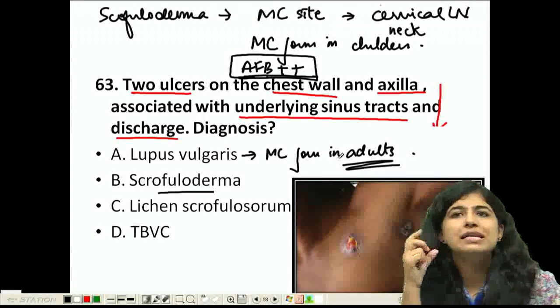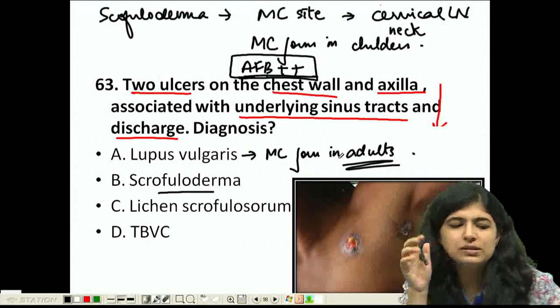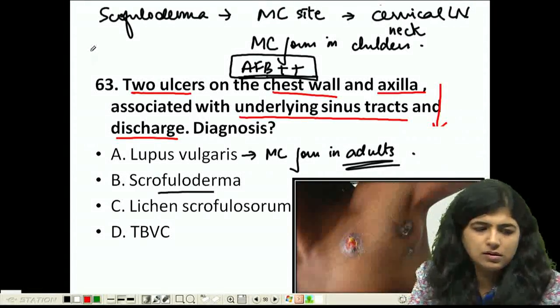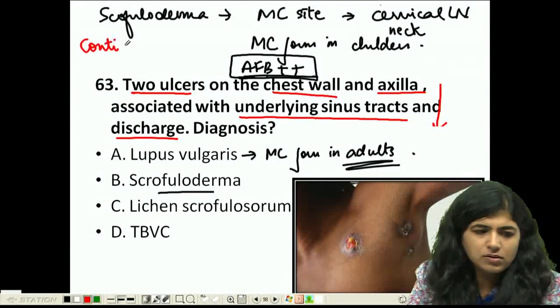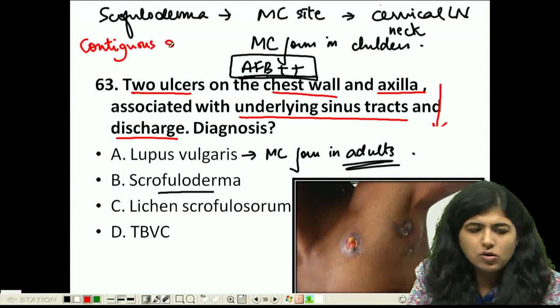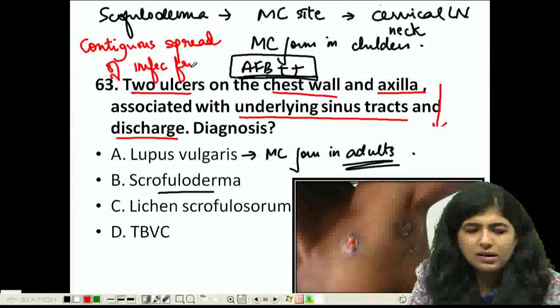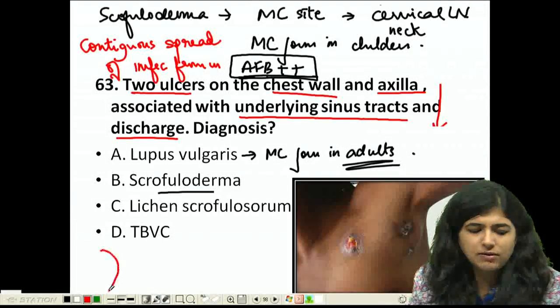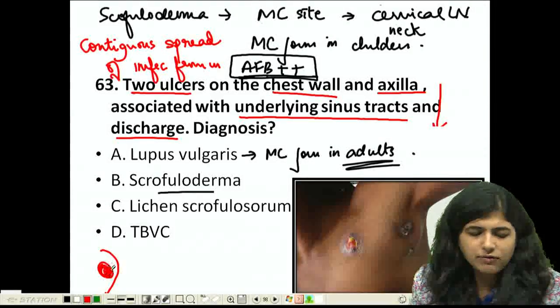It actually is a form of contiguous spread of the infection from the underlying structure. So this is like a lymph node here. This lymph node is full of TB bacilli.